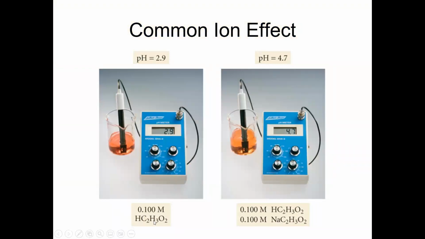The picture on the left, we just have acetic acid, which is that pH of about 2.9. Whereas on the right, we have the acetic acid with the sodium acetate, which is going to have a pH of about 4.7. So it's going to reduce the amount of hydrogen ions, increasing the pH.